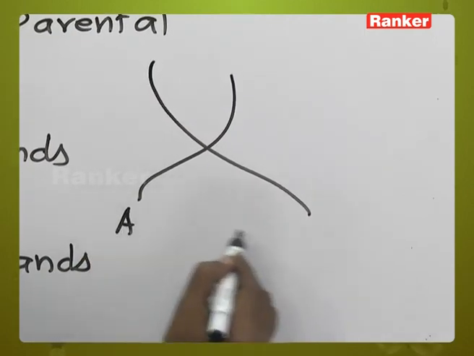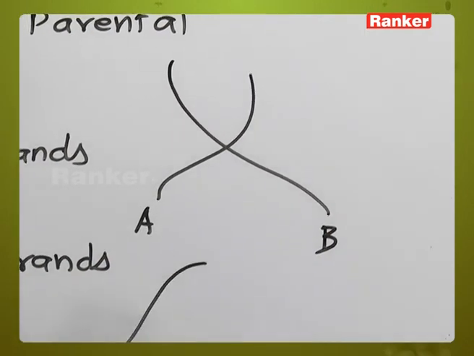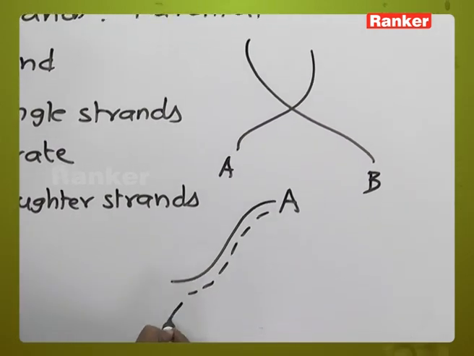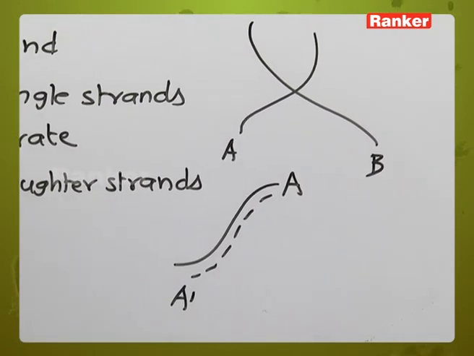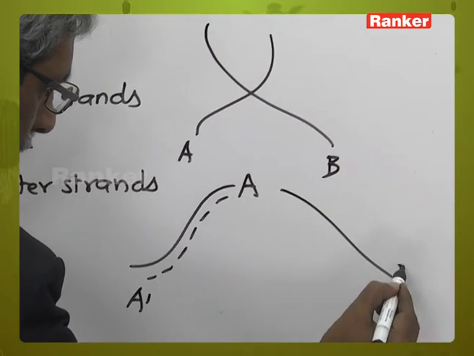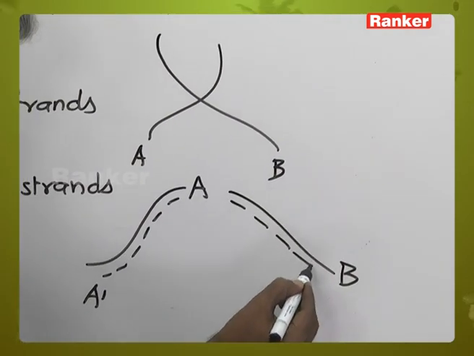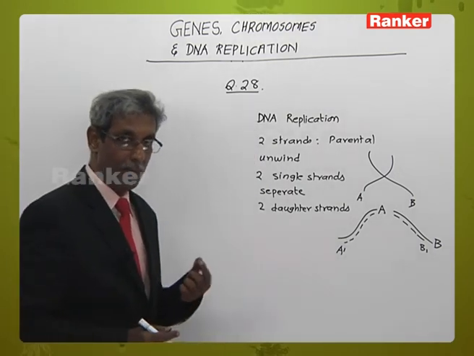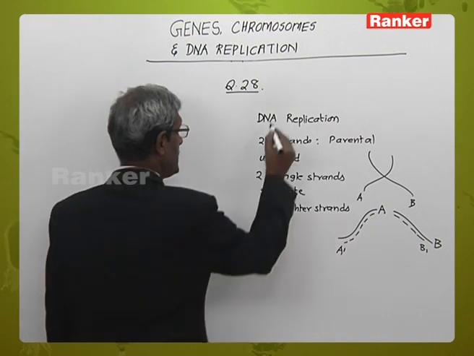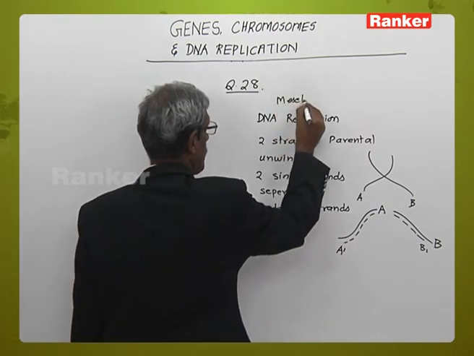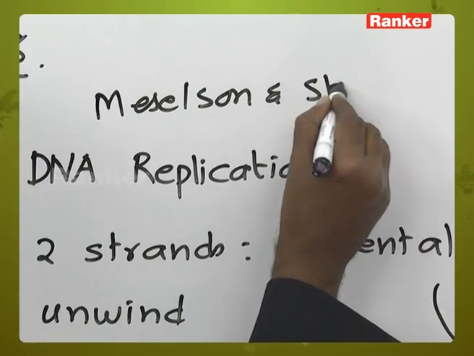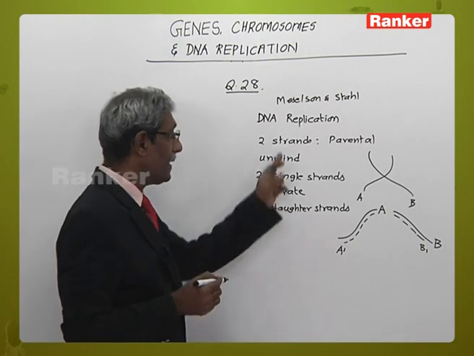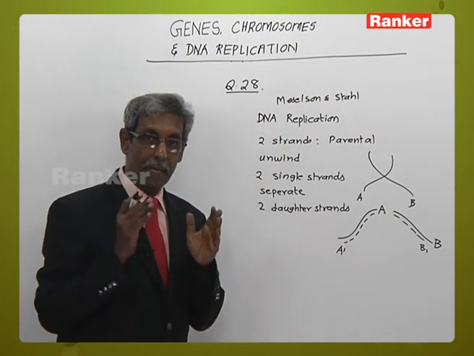If this is the A strand and this is the B strand of the DNA, the A strand can synthesize the daughter strand which is termed as A dash, and the B strand can synthesize another strand which is termed as B dash. So, by using radiothymine, scientists Michelson and Stahl had conclusive evidence to prove that the DNA replication is semi-replicative.